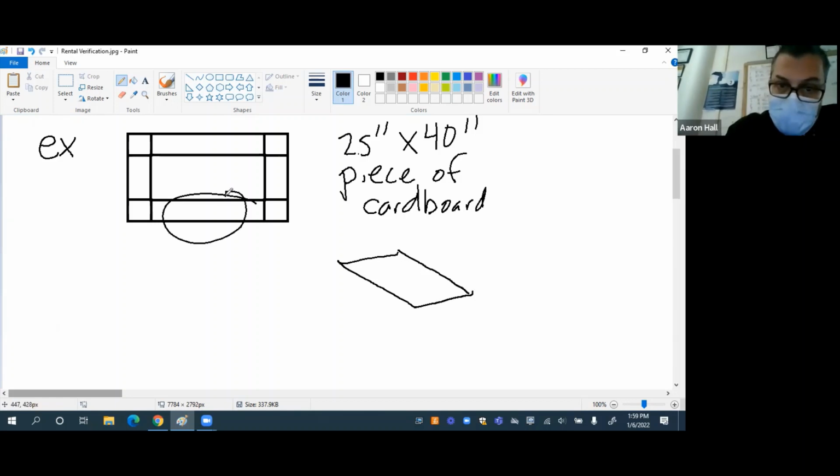I cut these off and I fold these up. That would give me a box that looks more or less like this. Can you envision it?